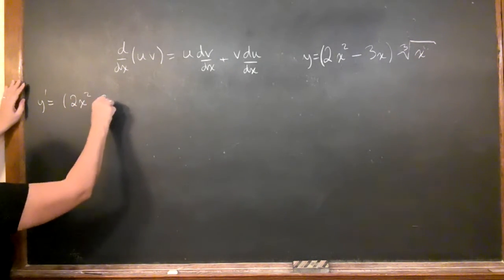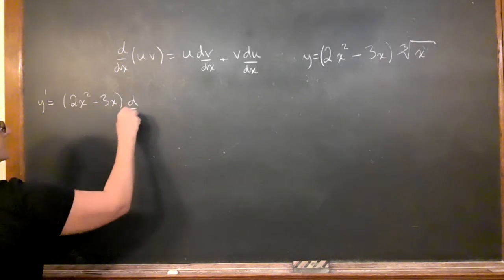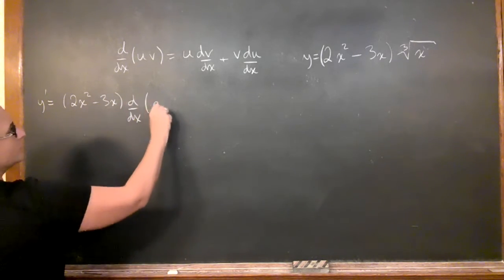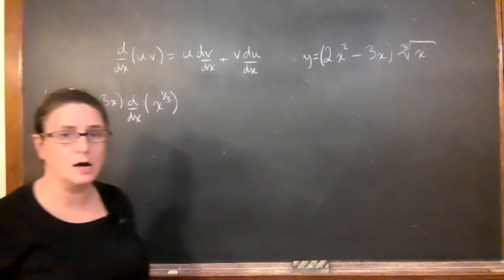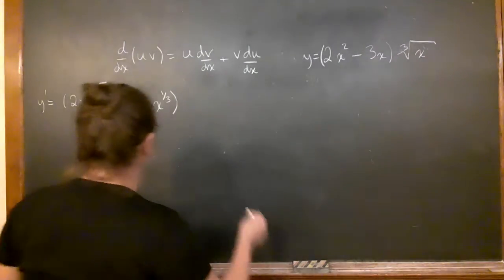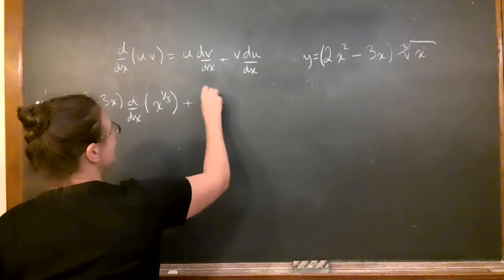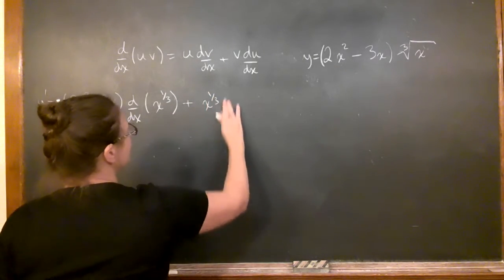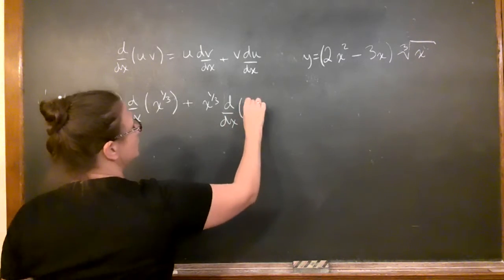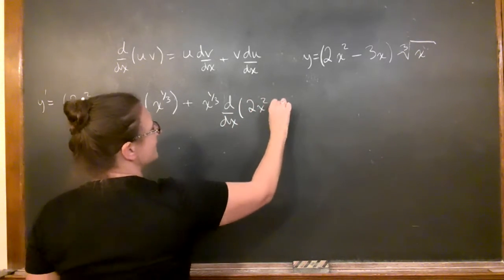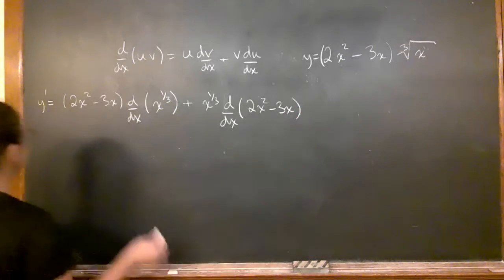So I have 2x squared minus 3x times the derivative of that cube root, which I'm going to write as x to the 1/3 because, of course, I need to use the power rule on that, right? And then I've got x to the 1/3 times the derivative of 2x squared minus 3x. Okay?